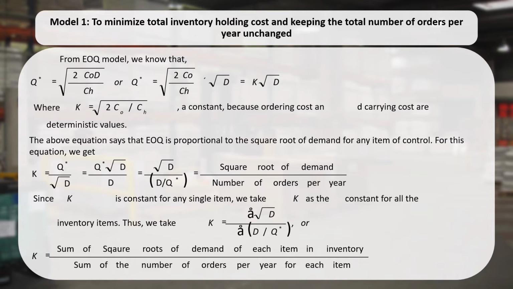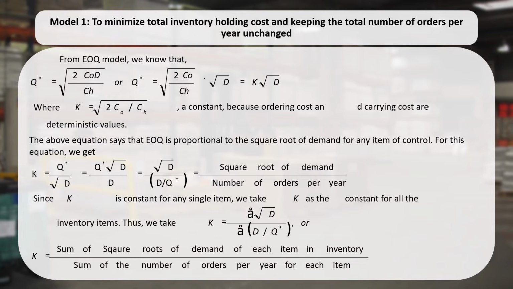When we have not only one type of item but different kinds of items, you may require different attention on these inventories in order to cut down the cost. So we take K as equal to the summation of the square root of D upon the summation of D upon Q star. It means you are taking all types of inventories while calculating the total cost.